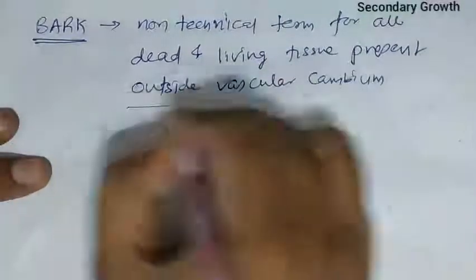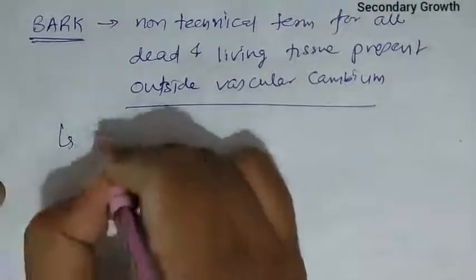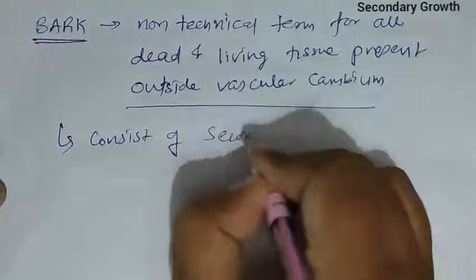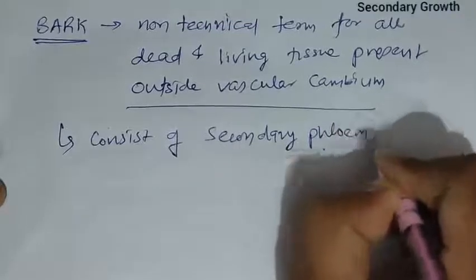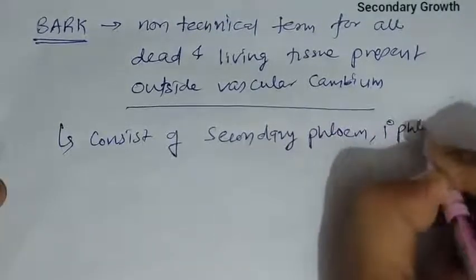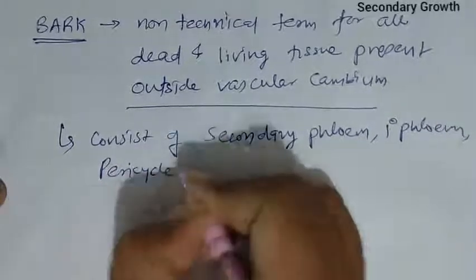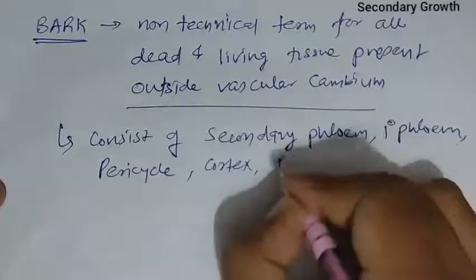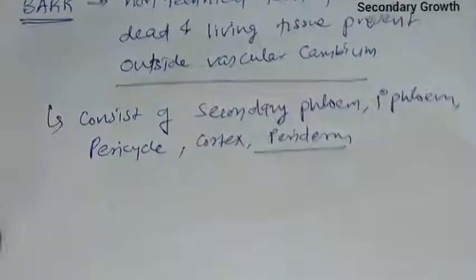Means it consists of all the tissue layers which are present outside the vascular cambium. Means it consists of secondary phloem, primary phloem, pericycle, cortex, and periderm if it is present.